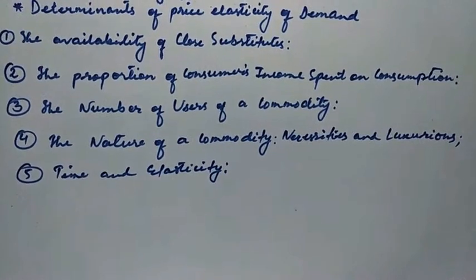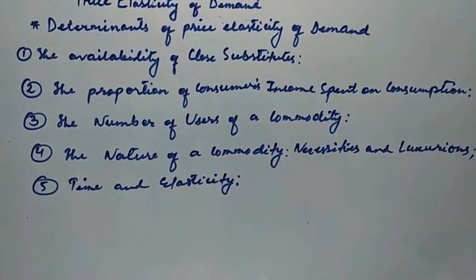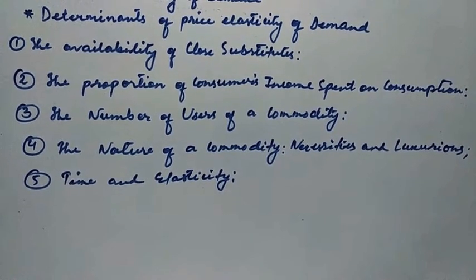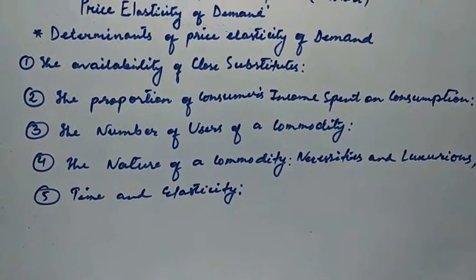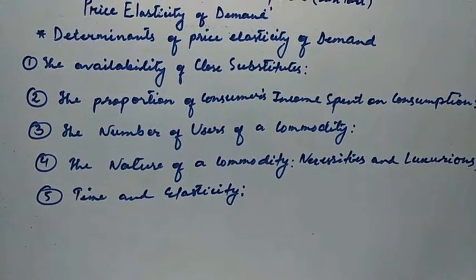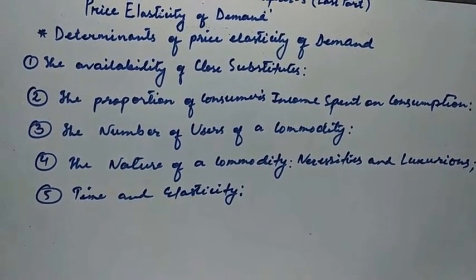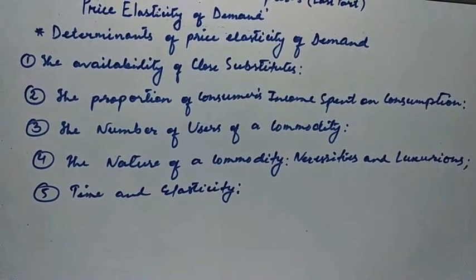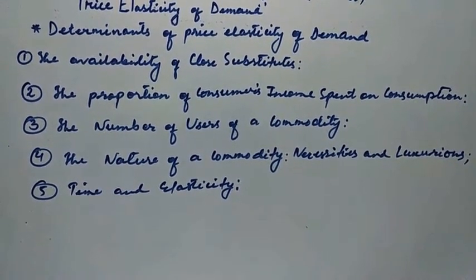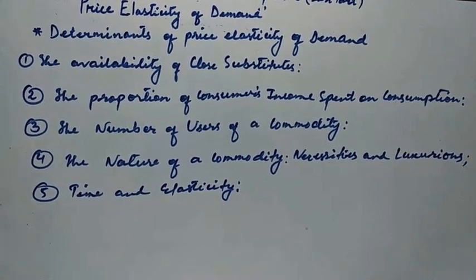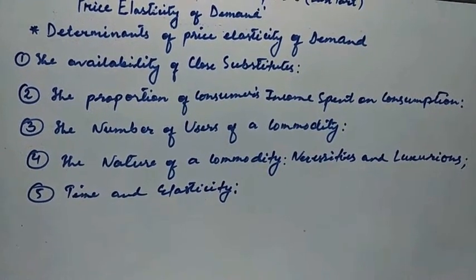Opposite to that, let's take the example of common salt. Common salt is inelastic in demand because it has no close substitute, and even if the price of common salt increases, the demand for it will not be affected by the change in price. So for a commodity which has no close substitutes, price elasticity is inelastic in nature.